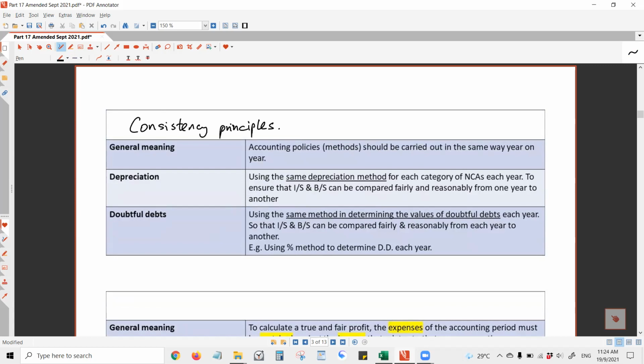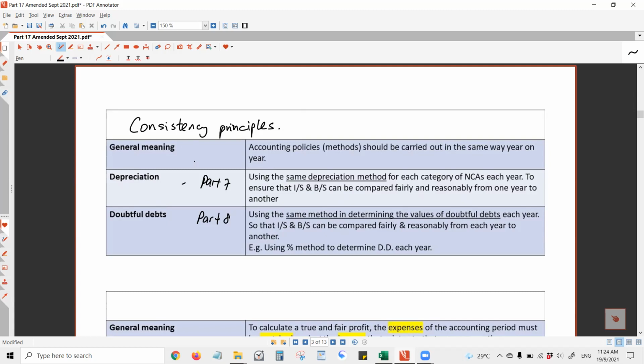In many of the earlier topics, like depreciation in part 7 and debts in part 8, you saw this principle. You can look at this part 17 as a summary of all the accounting principles.